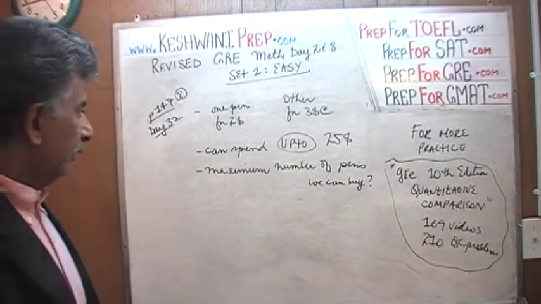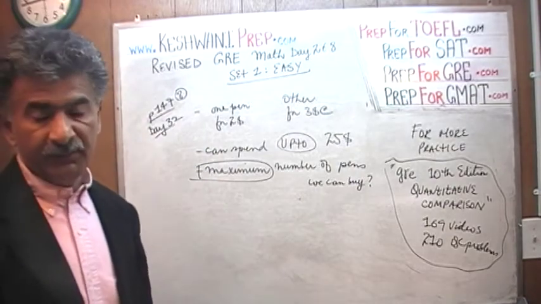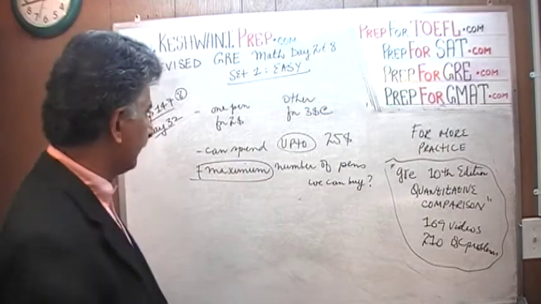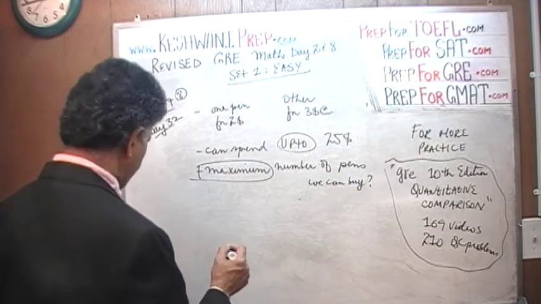Well, since we are told to buy the maximum number of pens, we'll obviously have to spend all the money so that we can buy as many pens as we can. And the answer simply is 12.